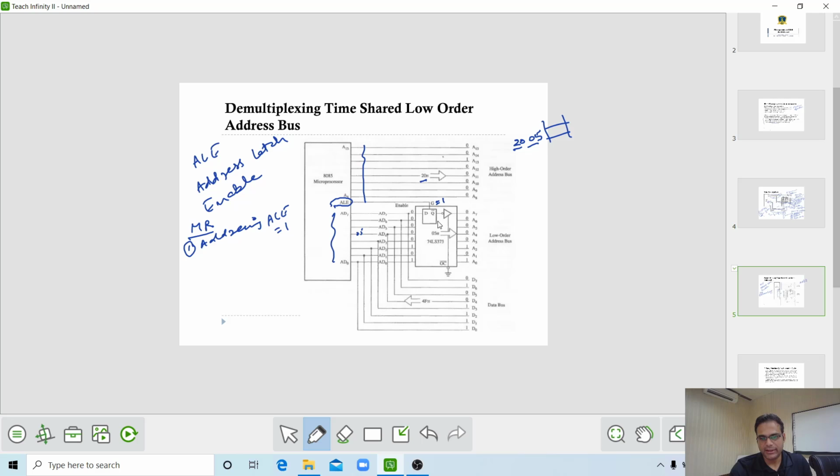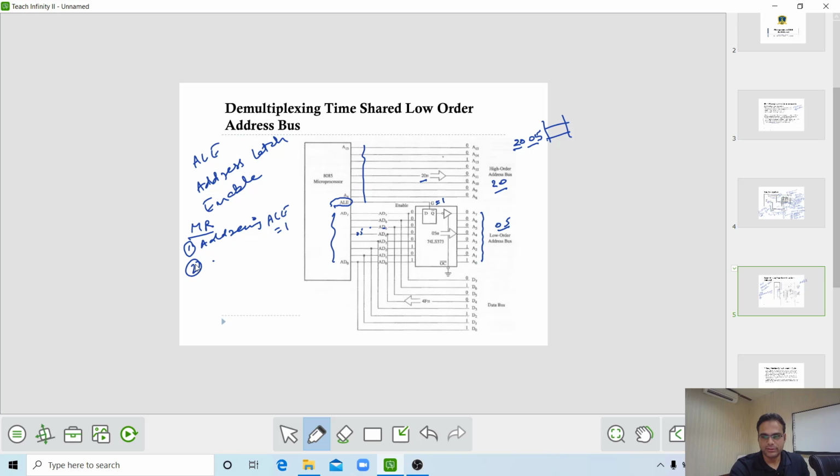This ALE signal enables this latch, a D latch, and whatever data is available on these address lines will be transferred through the latch and will be available here. So 2005 is the address which is sent to the memory.